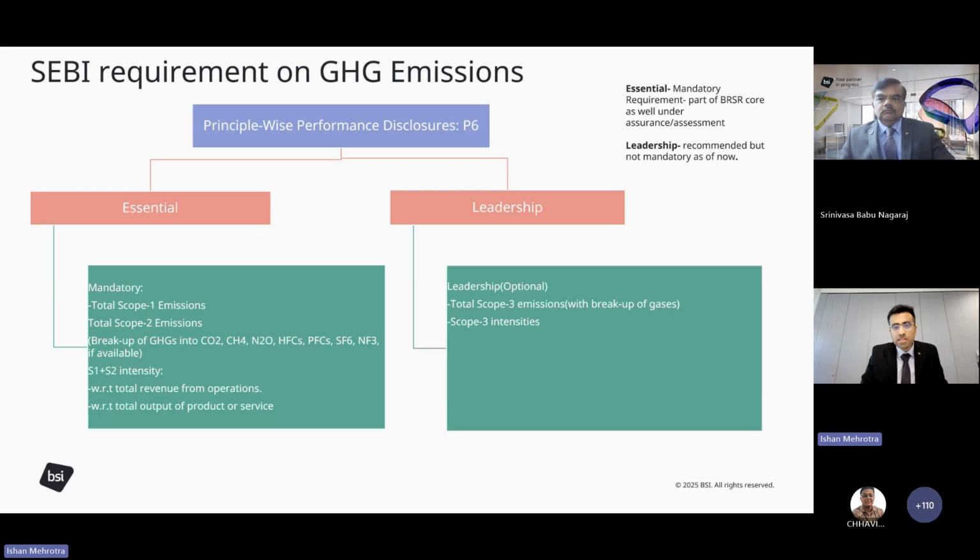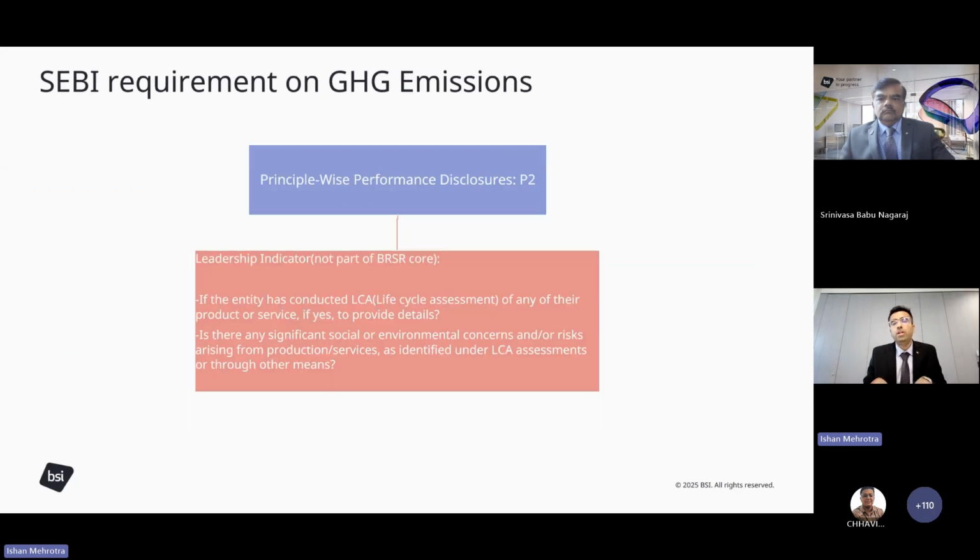This is covered in P6, and in another principle, P2, Principle 2, it also asks about one of the leadership indicators, which is definitely not part of BRSR Core, but there is an indicator which talks about life cycle assessment. Have you conducted any LCA of your product or service?